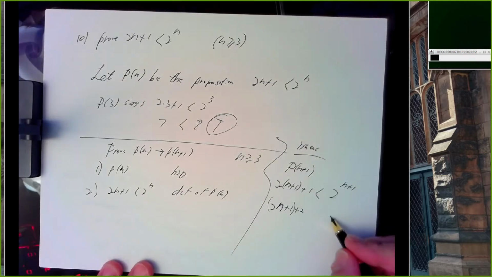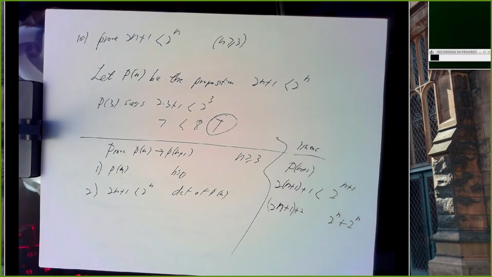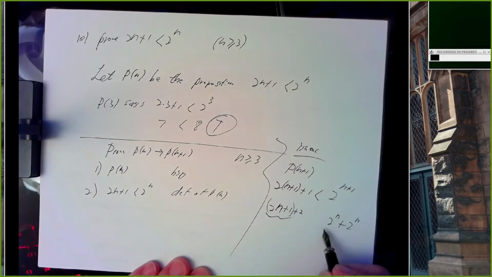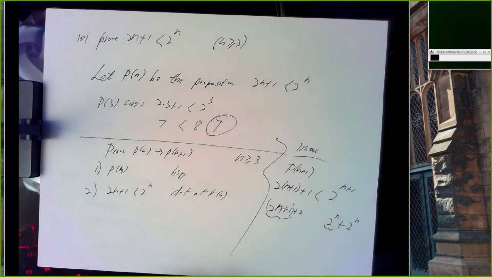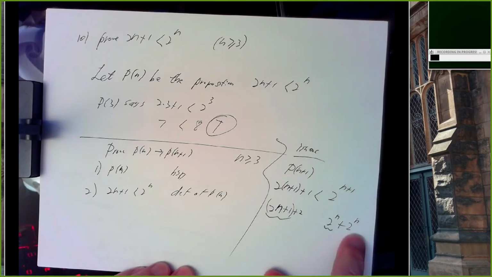And over here, I'm doing 2 to the n plus 2 to the n. That's 2 to the n times 2, or 2 to the n plus 1. And if I know that this thing is smaller than that thing, if I can show that 2 is smaller than 2 to the n, this inequality will follow.